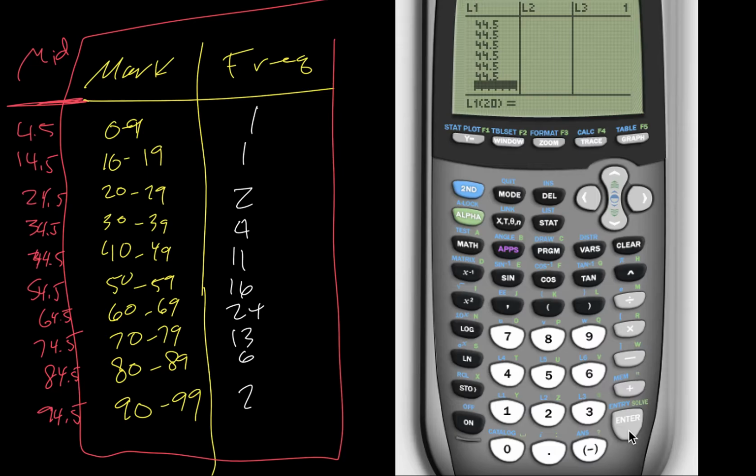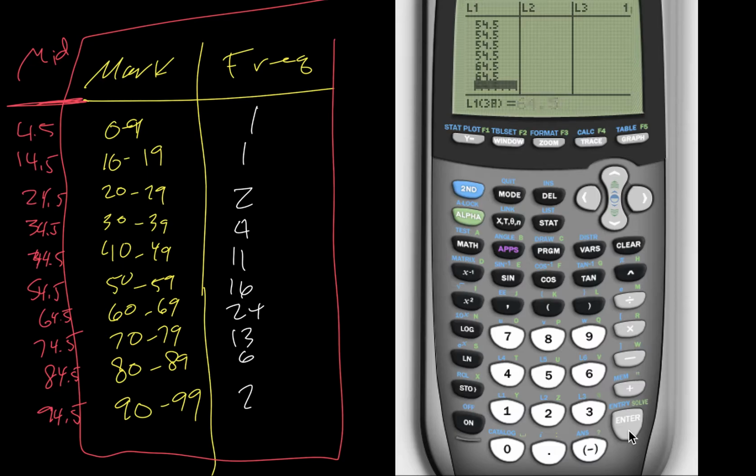And then 16 for 54.5. 1, 2, 3, 4, 5, 6, 7, 8, 9, 10, 11, 12, 13, 14, 15, 16. Okay, 64.5 is 24 times.